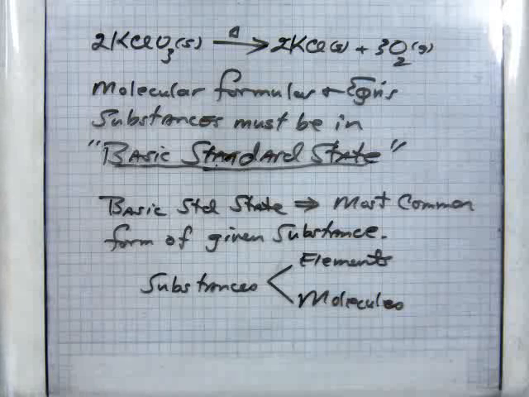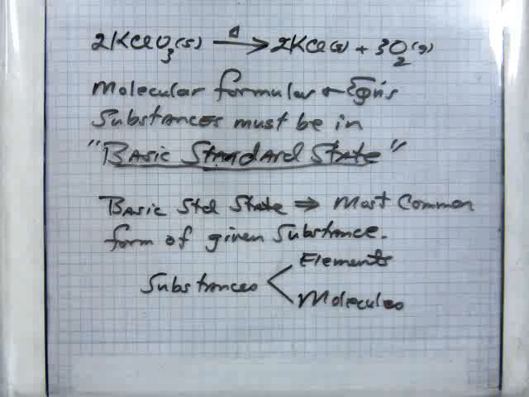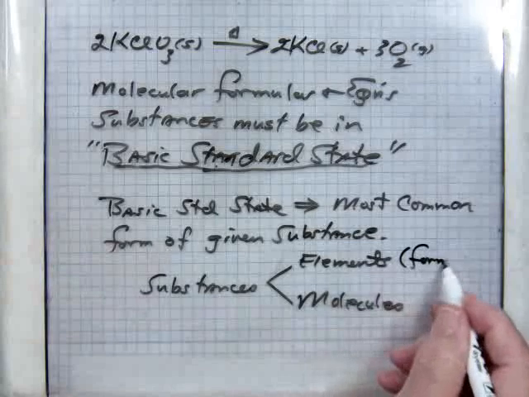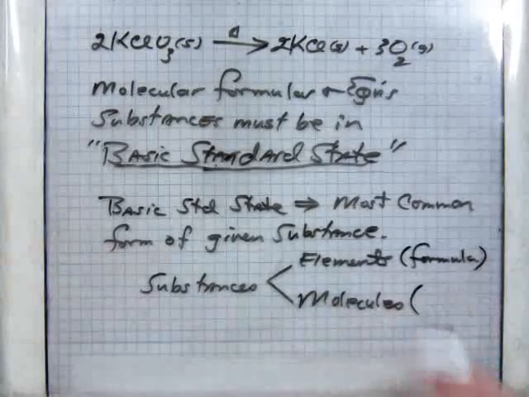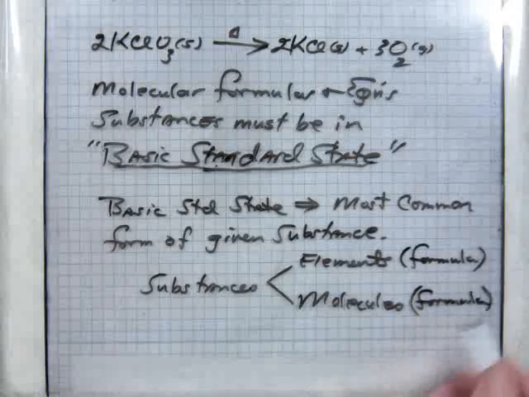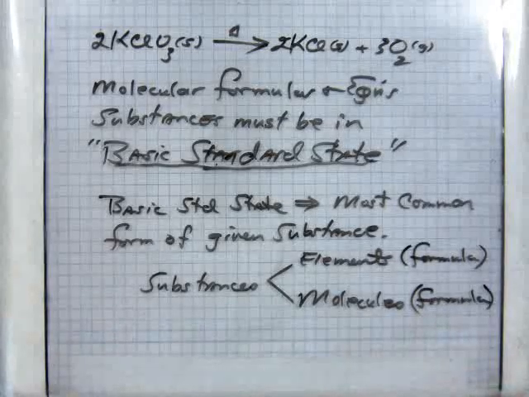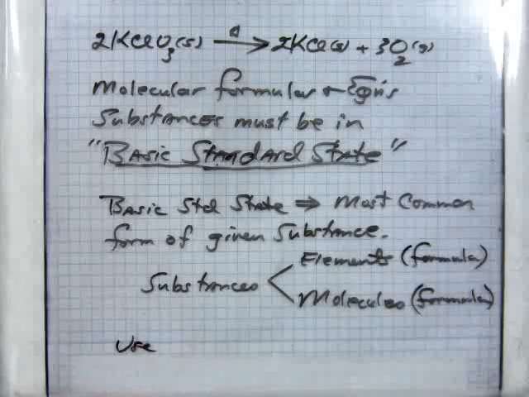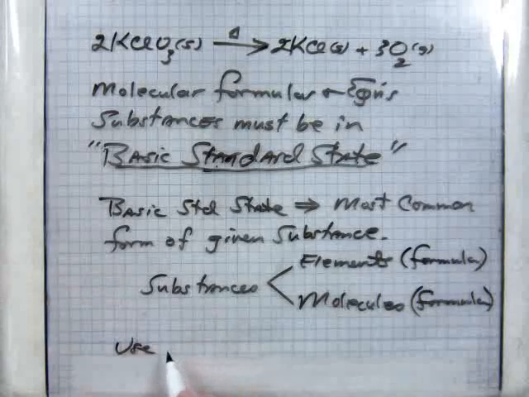Now, what we're asking here is, what is the formula of an element in basic standard state? What is the formula for molecules in basic standard state? Well, to determine that, you need to use what we call a thermodynamic quantities of substance, a thermodynamic properties table.